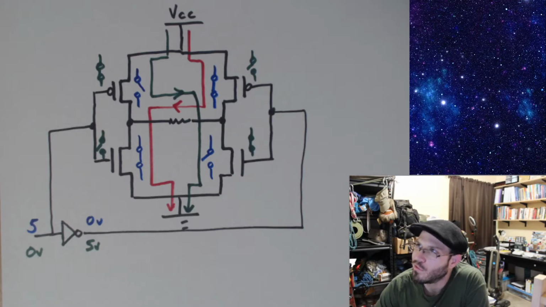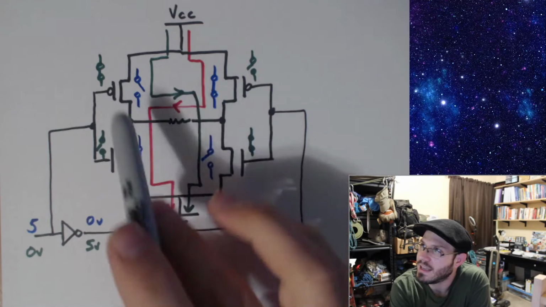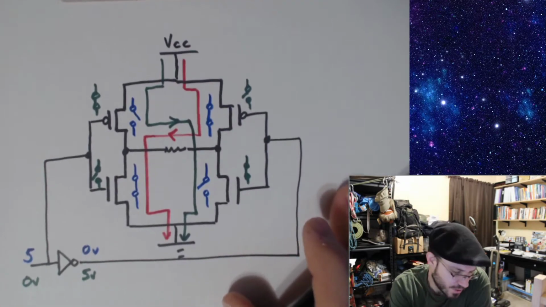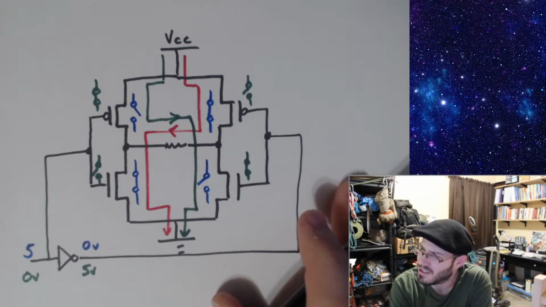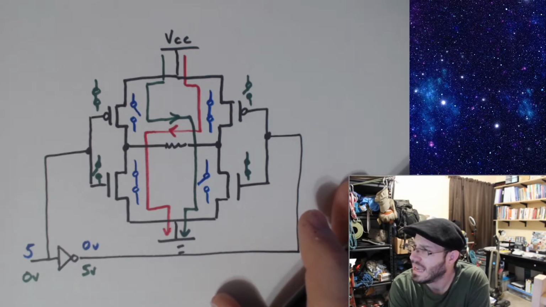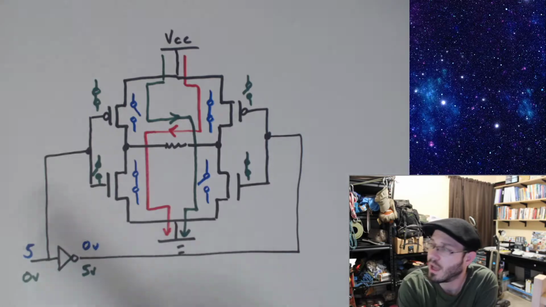And so you'll find that this topology, this H-bridge, gets used for lots of different switching circuits. In the case of making a switching power supply, you'll see half of this used.